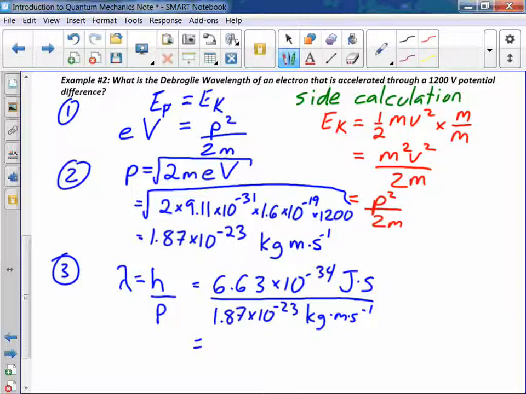And we get a final answer of 3.55 times 10 to the negative 11.